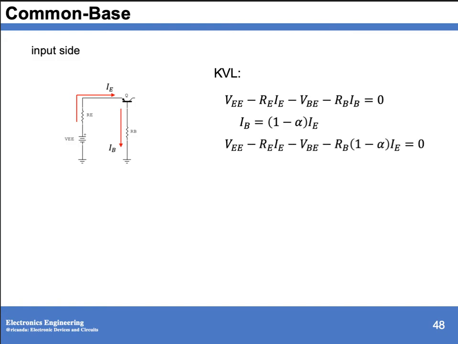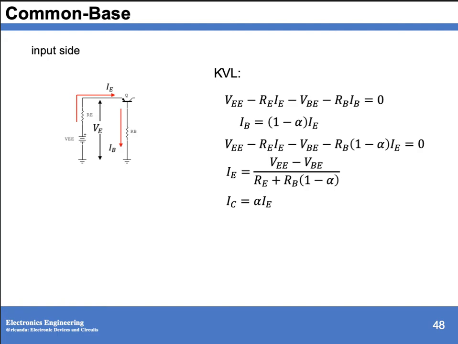So your equation is now VEE minus RE IE minus VBE minus RB times quantity (1 minus alpha) IE equals 0. Therefore, we can solve for your IE, which is VEE minus VBE all over RE plus RB times (1 minus alpha). And IC is alpha IE.